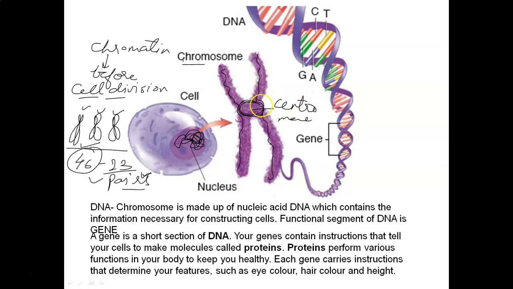Now this coiled structure is actually the DNA, helically coiled, and this one is the DNA complete, and this DNA has the structures which are made up of nitrogenous bases. It's written here, G, A, C and T.